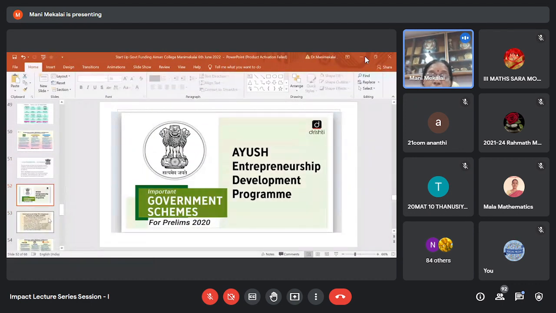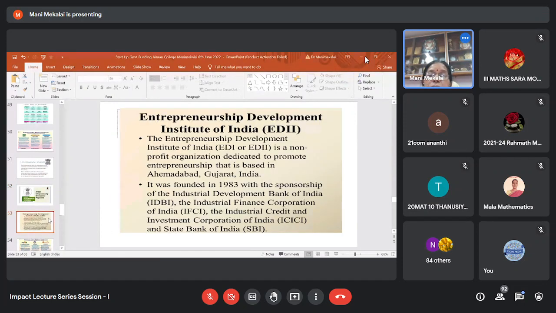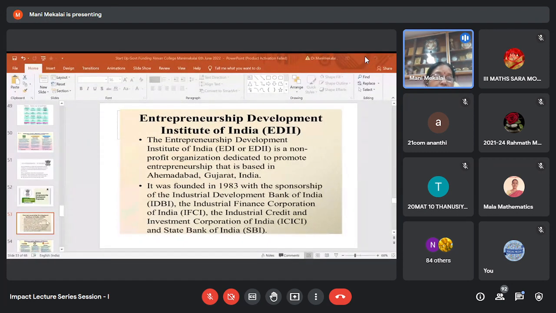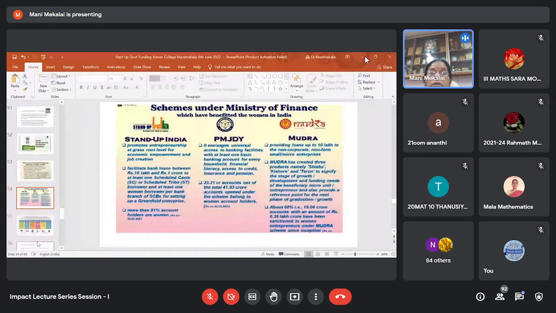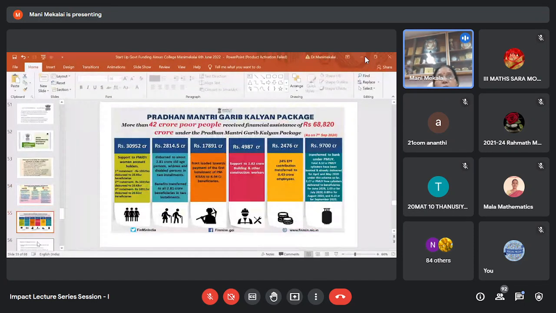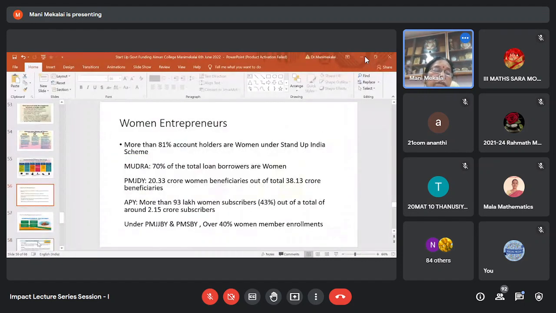Then the Ayush Entrepreneurship Development Program is there, wherein Ayush, being Ayurvedic, Siddha, Unani, homeopathy, etc., are being encouraged. There is an institute called the Entrepreneurship Development Institute of India, that is EDII. You also have EDI here in Tamil Nadu, the Entrepreneurship Development Institute, Chennai. They also provide various support, organizing programs and other activities.